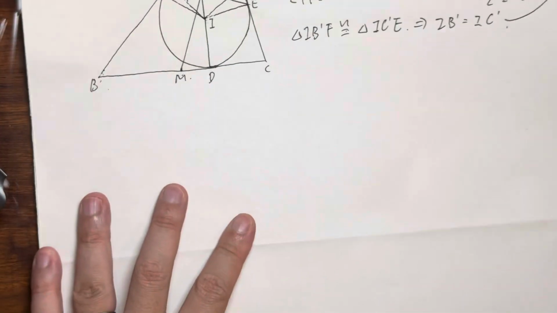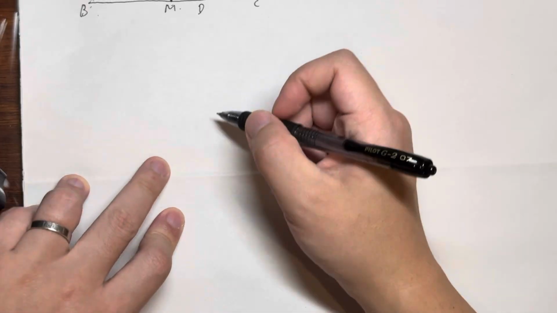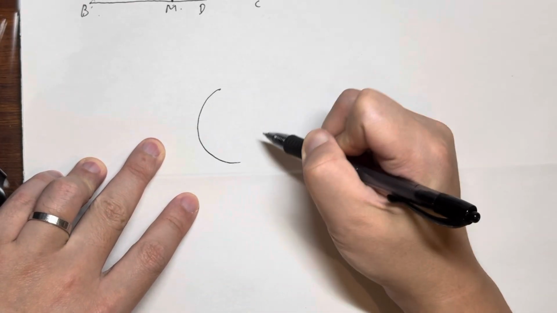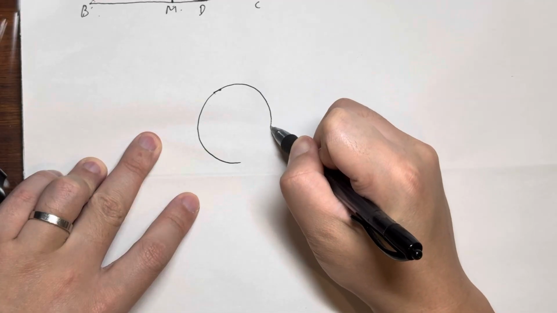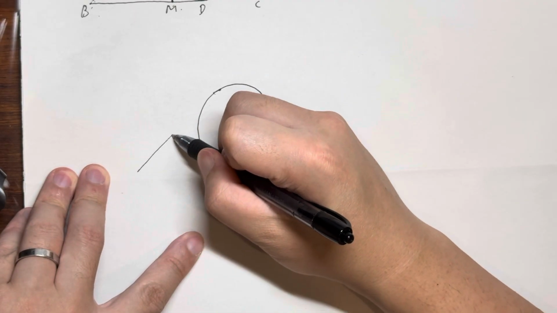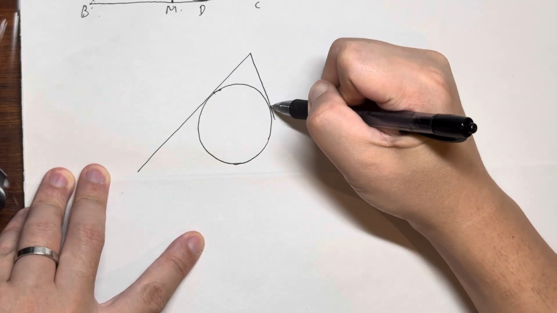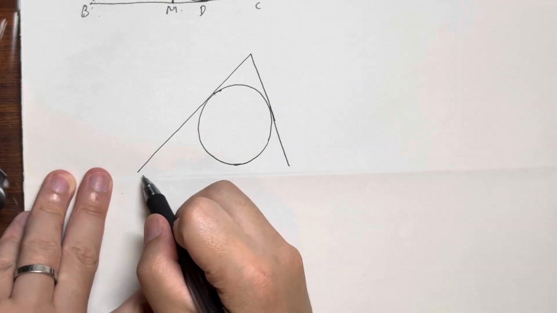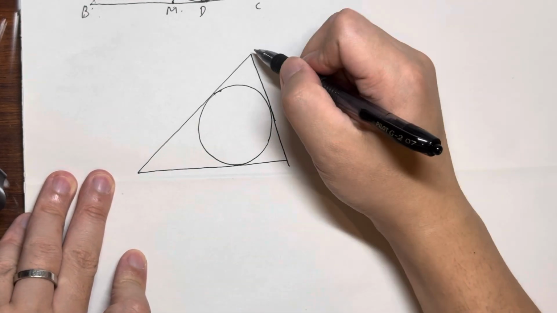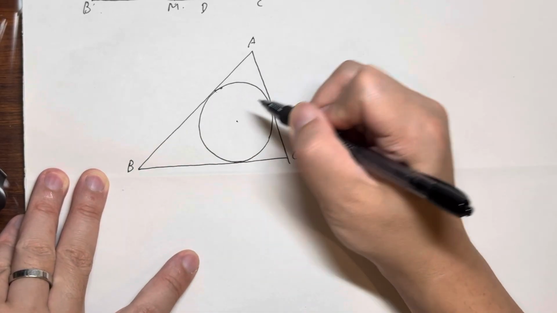Okay, now let's draw the figure and think about the problem. So the first thing is to find the incircle here. So we have A, B, C, right?